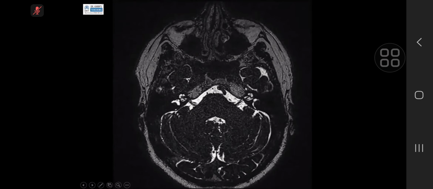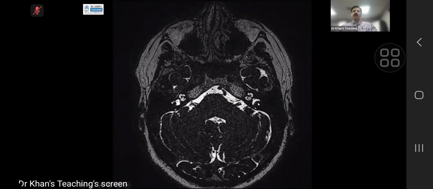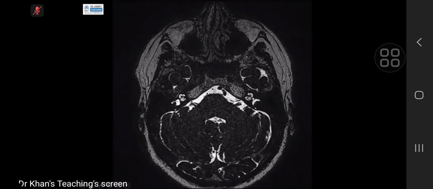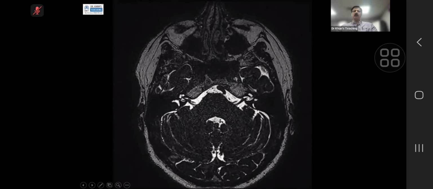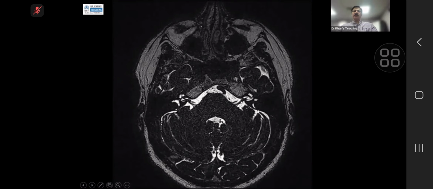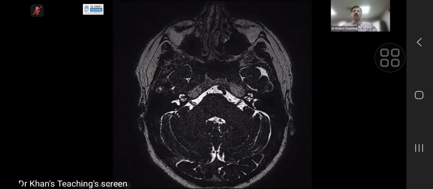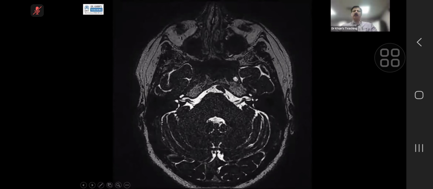Yes, sir. Okay, so if you see here, this is a bit of a repetition, nothing much. I'm sure you already know it. This is that flower. And from the flower, which is the cochlea, you can see this nerve going here. If you trace it backwards, it joins these nerves. And on an axial sequence, you cannot make out what is what, the superior vestibular and the inferior, where I'm pointing out.